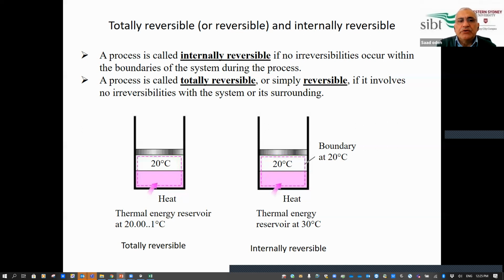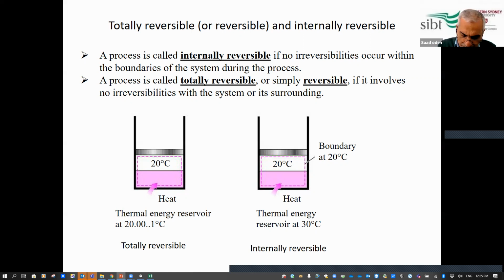And there are two types of reversibility, internal and external, or we call it total reversible. A process is called internally reversible if no irreversibilities occur within the boundary.